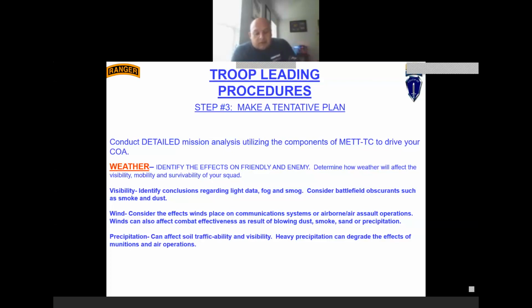The leader identifies critical factors such as the type, amount, and duration of precipitation. So that's why we look at the weather as well. If we know there's heavy rain and heavy winds, a lot of our systems are not going to work the way they're supposed to. So it affects us, it affects the enemy. What does the enemy have that's going to malfunction from the rain? What are we going to have problems with? And what do we have to look for?